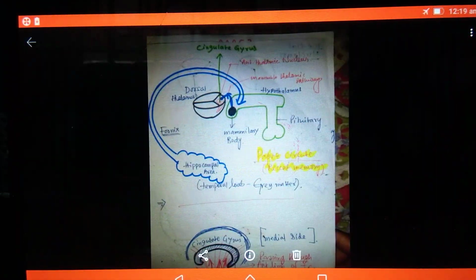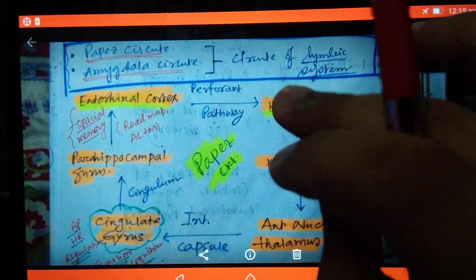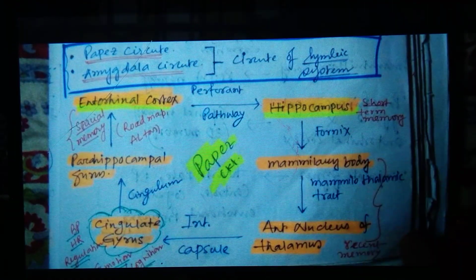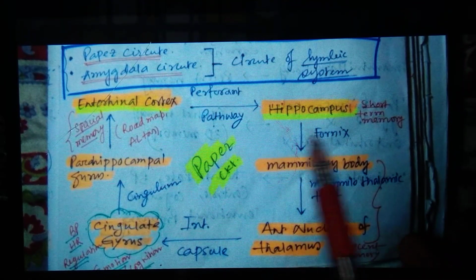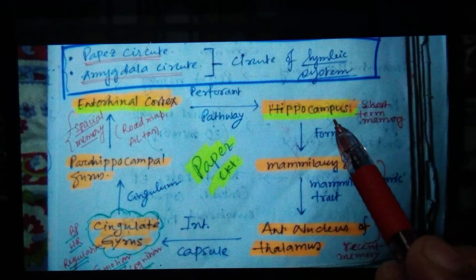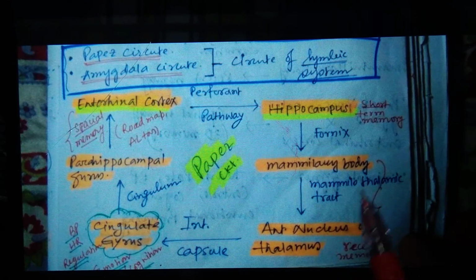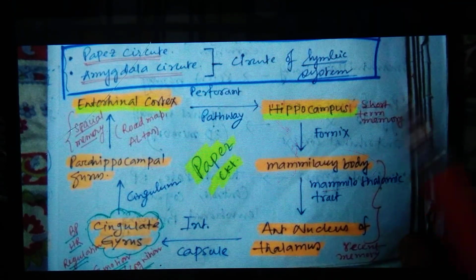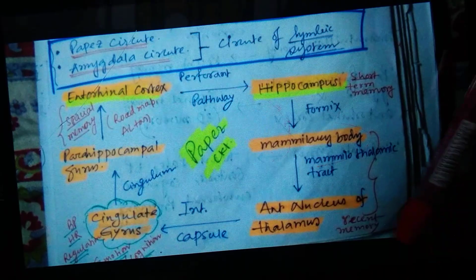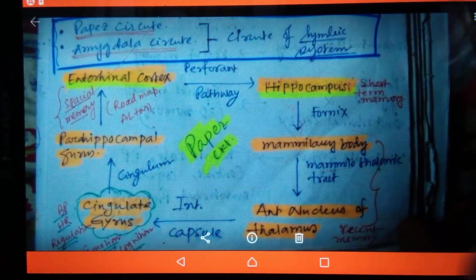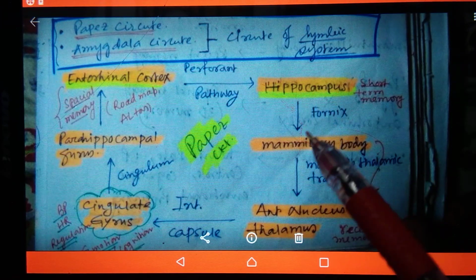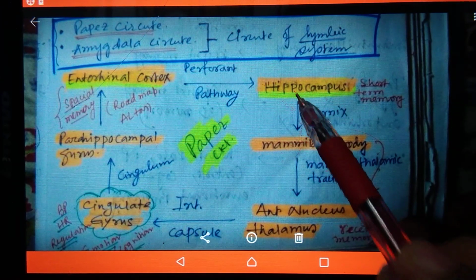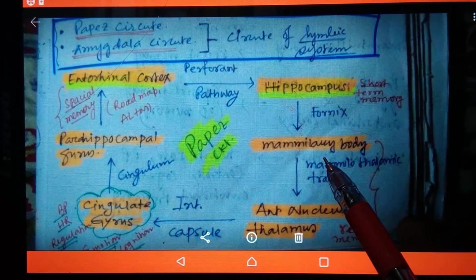Papez circuit is nothing but, look here. Let's start from the hippocampus. This is the hippocampus, and from the hippocampus to the mammillary body, some fibers are running. They are called fornix. These are white matter fibers, emerging from the hippocampus and entering the mammillary body.